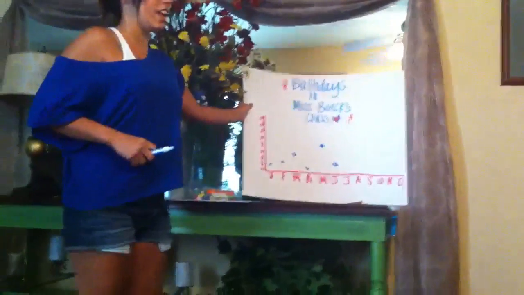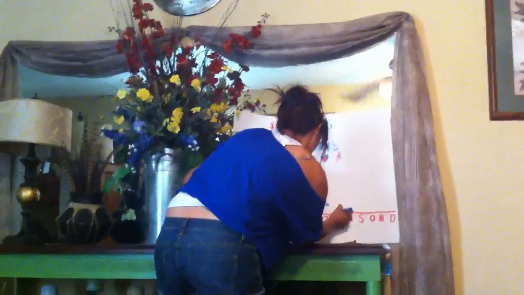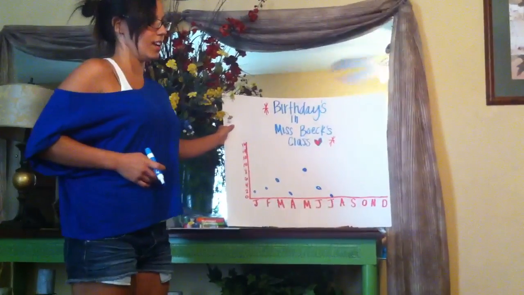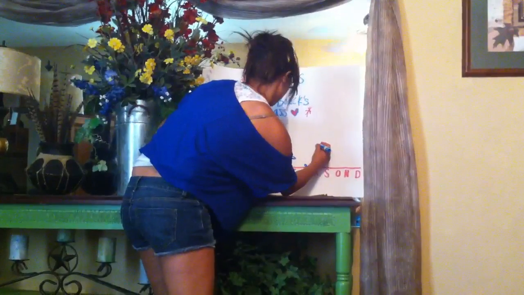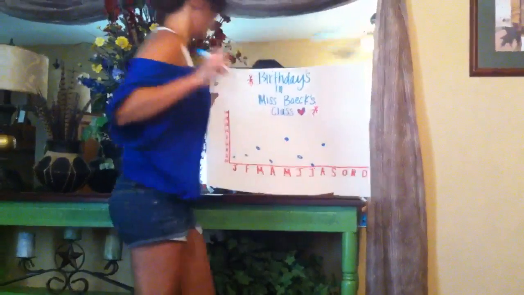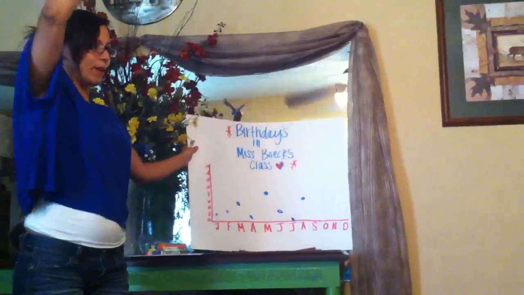How many birthdays in July? None. No birthdays in July. How many birthdays in August? We're going to have 6 birthdays in August. How many birthdays in September? Miss Beck's birthday's in September. Woo!